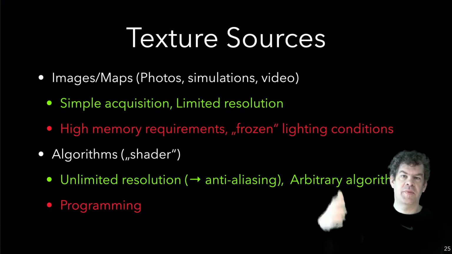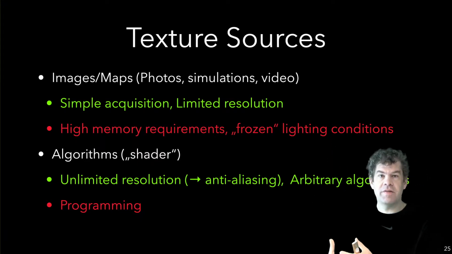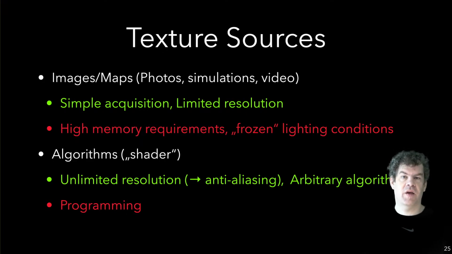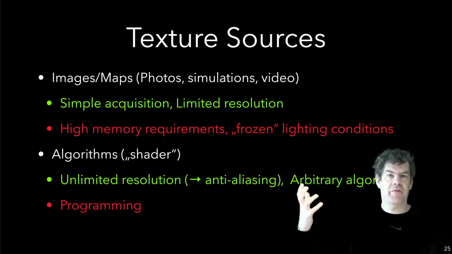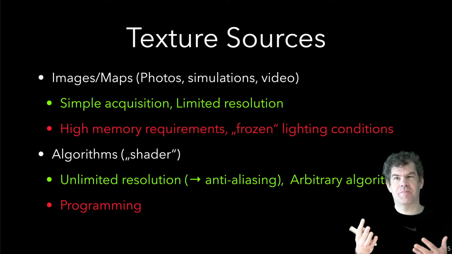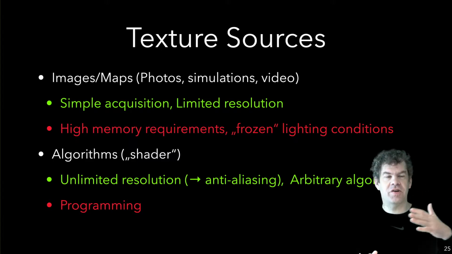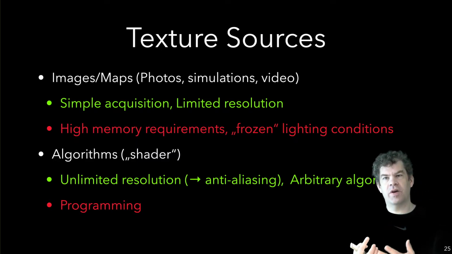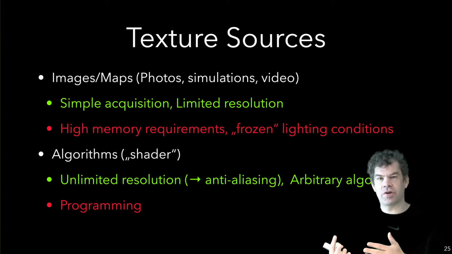And since you capture them once, they are also fixed. In particular, if you capture a photograph of reality, it happens to include lighting. That's a pretty obvious thing. If I take a picture, it's obviously lit, otherwise it would be black. And that might not be a good idea because it was captured under certain lighting conditions.